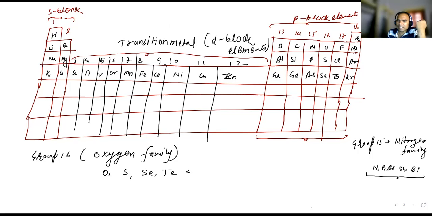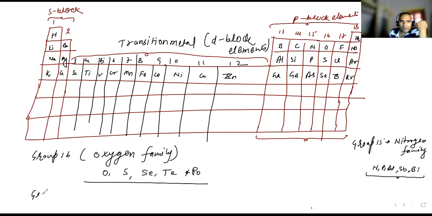For group 15 it is nitrogen, phosphorus, arsenic, antimony, bismuth, Sb and Bi. Here a little bit of mistake was there.